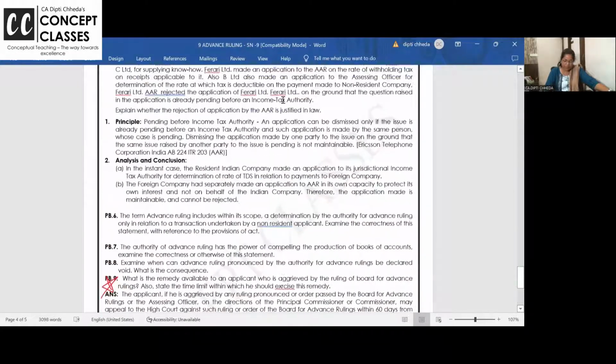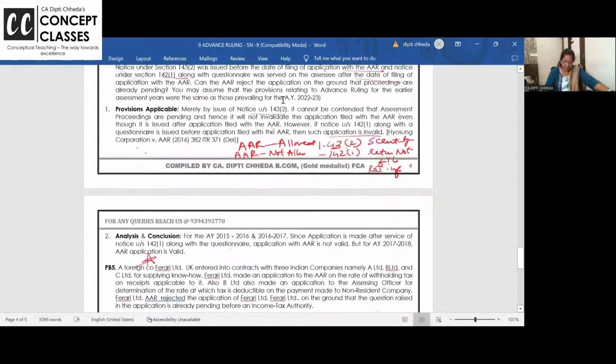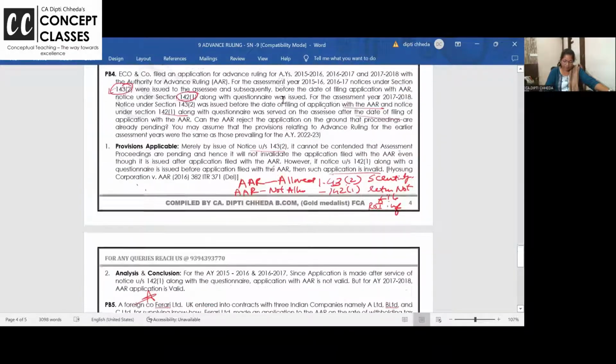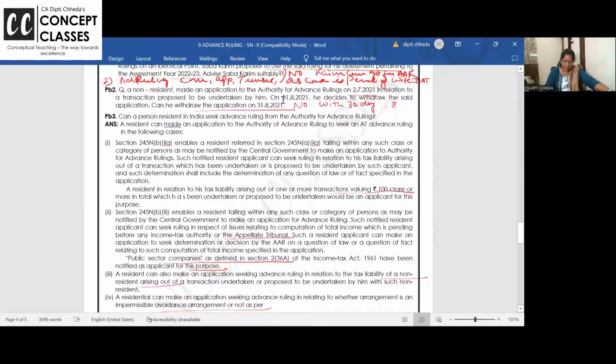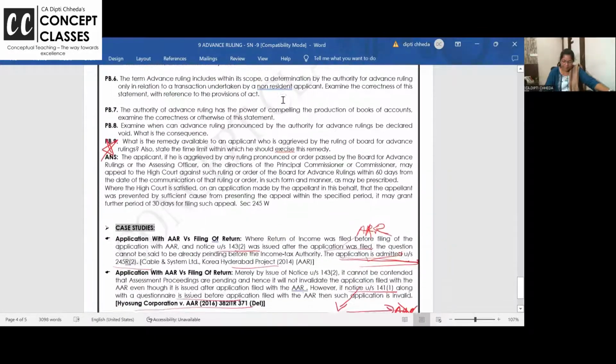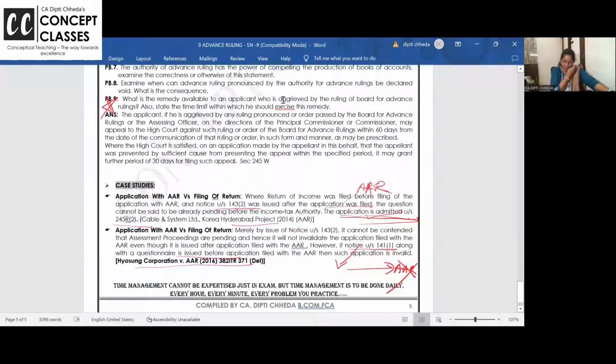Read this one also. Again, these two questions are also the same. Fifth one and one more. I'm reading, first look at this. Both cases are clear. Case study based questions, if they ask you.